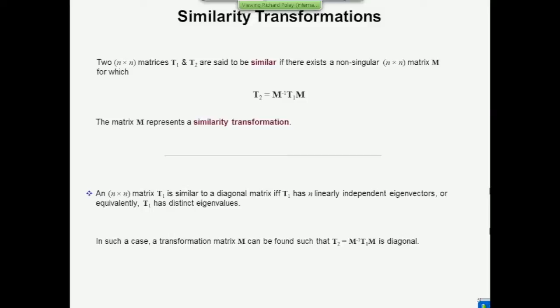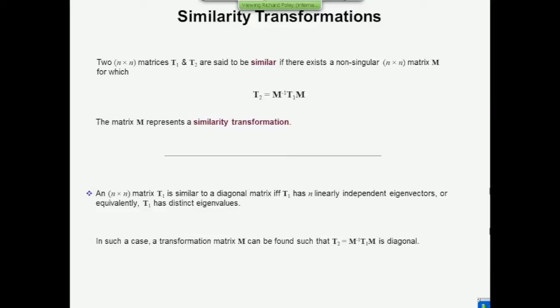But in order for that to happen, T1 must have a full set of eigenvectors. Otherwise, you can't diagonalize T2. If T1 has not got a full set of eigenvectors, you can't have a fully diagonal T2, but you can get close to it. The form of the matrix which appears is called a Jordan form representation, which I'm going to explain shortly.